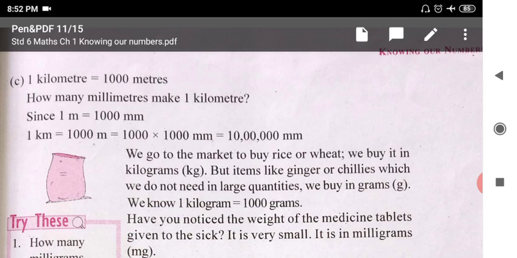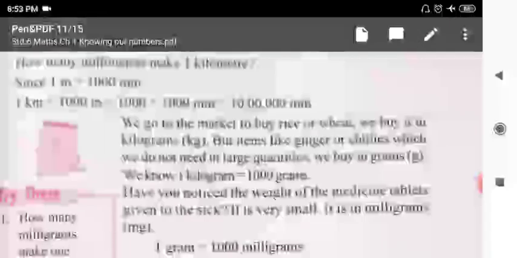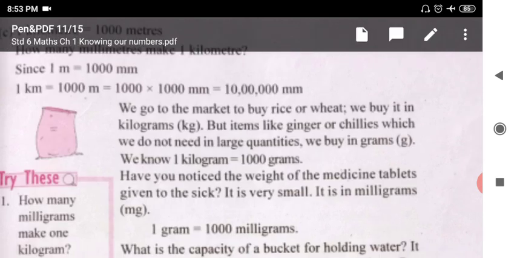Now if you want to measure the weight of any substance, we use gram and kilogram. This also you have studied in your earlier class. 1 kilogram is equal to 1000 grams.